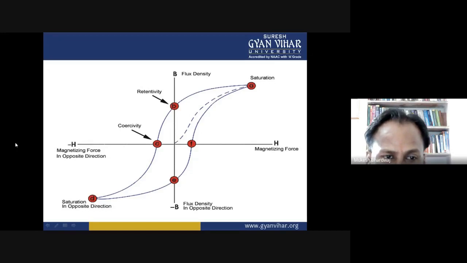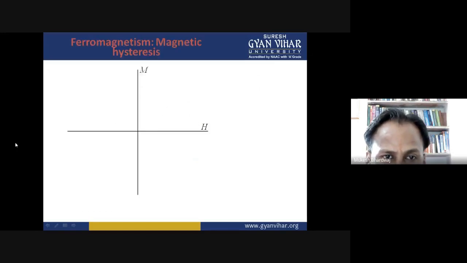Next, ferromagnetism and magnetic hysteresis. Now we are going to discuss ferromagnetism and its magnetic hysteresis curve.